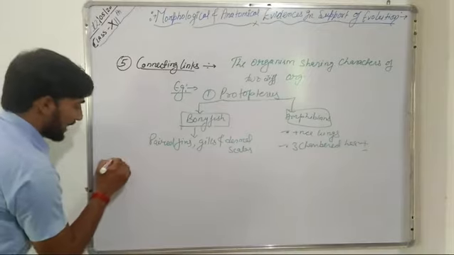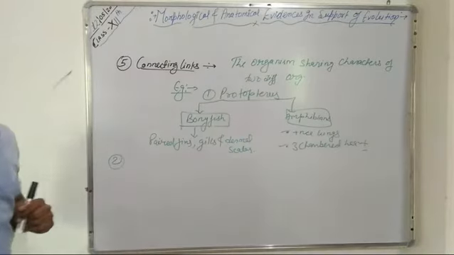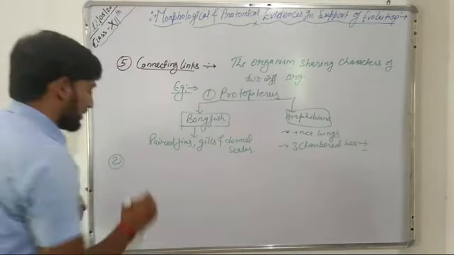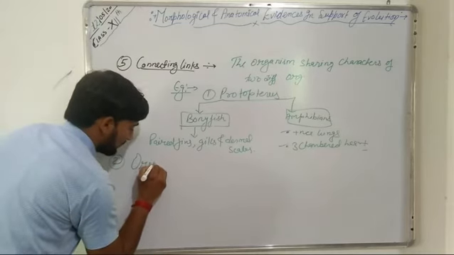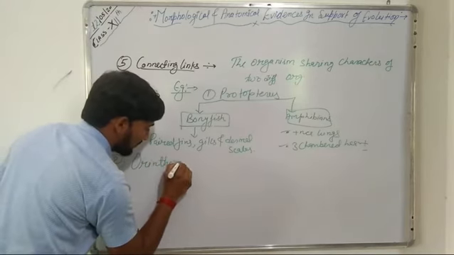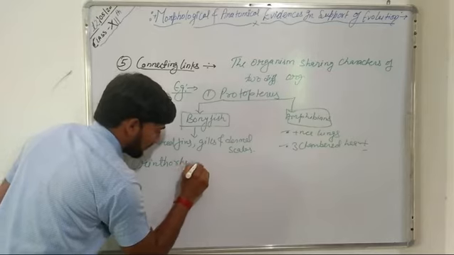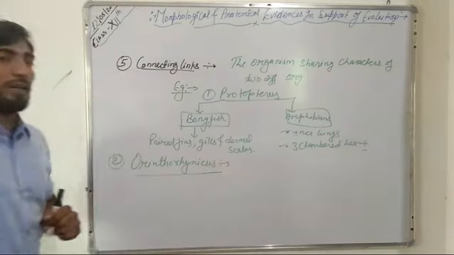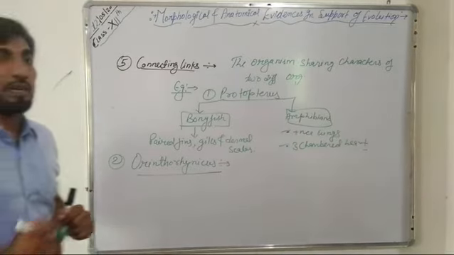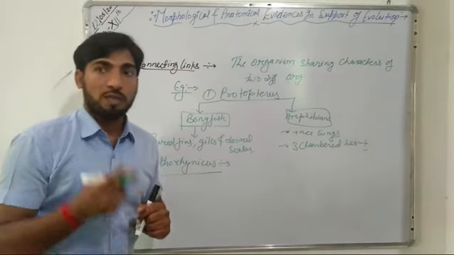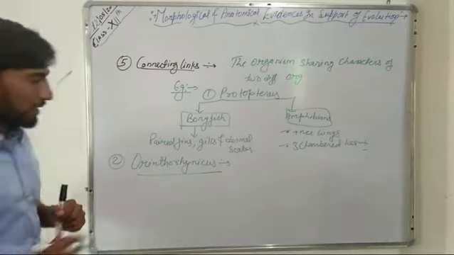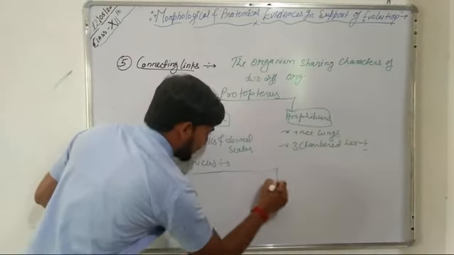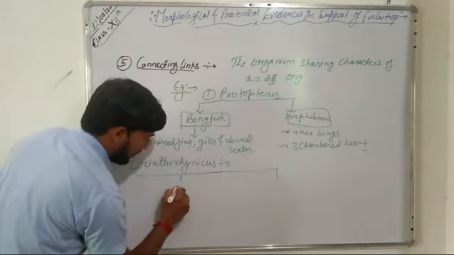Now the second example of a connecting link is Ornithorhynchus. This Ornithorhynchus also shares the characteristics of two groups, that is mammals and reptiles.